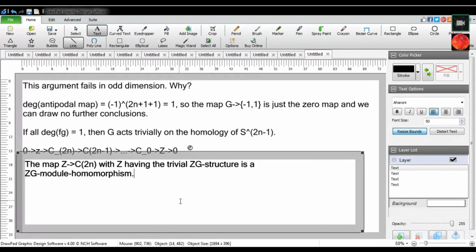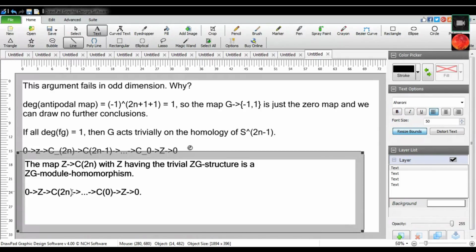But then this is a ZG module homomorphism, and we can modify the chain complex that we had above to get this chain complex. So we get into Z. This Z just sends the 1 into any cycle that generates the nth homology, which is also Z. So this goes into C_2n. Then we have the normal chain complex down to C_0, then to Z, and then into 0.